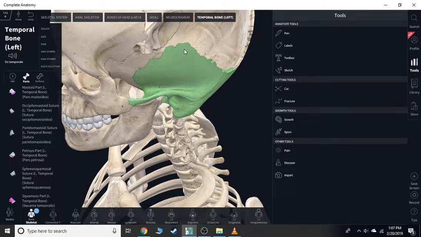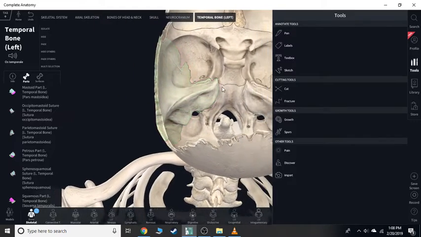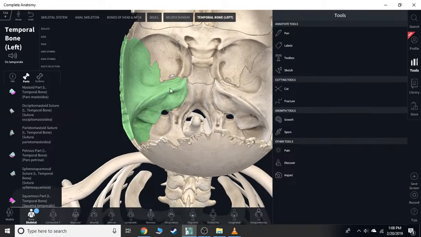You can knock them for a loop pretty easily. Then right here is the petrous portion of the bone. It's one of, if not the thickest part of the skull. It contains, like we said, the internal and external auditory meatus.